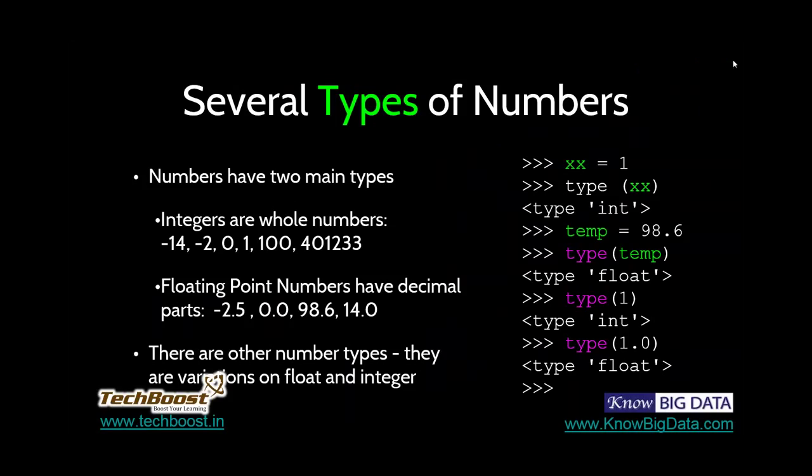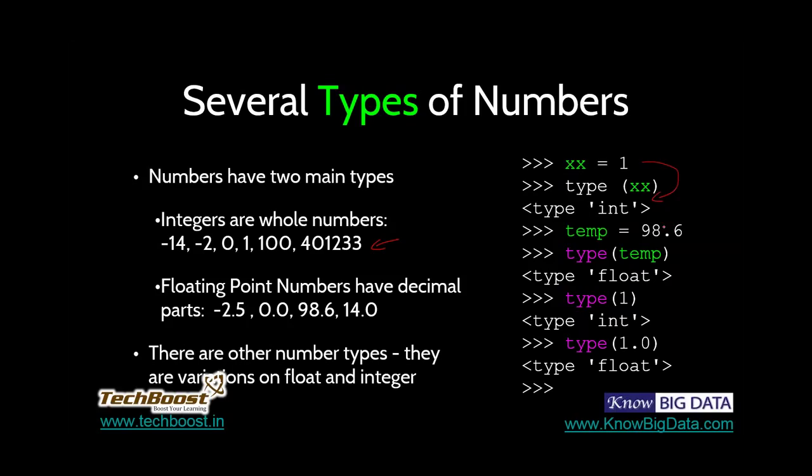Now let's see, we just discussed the overall perspective. We just saw that we treat these as numbers, but in turn these numbers are also categorized. We'll see how. So we have x equals 1, and when we try to get the type of x, we get integer. Since 1 is an integer, though it is a number, the subcategory is integer.